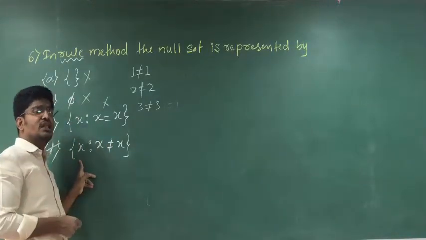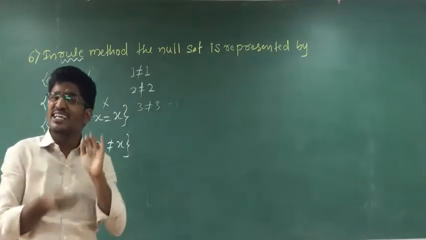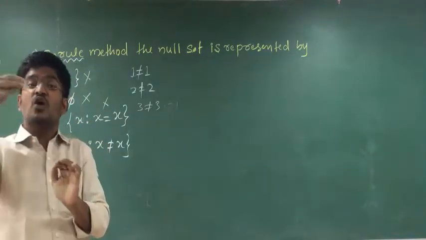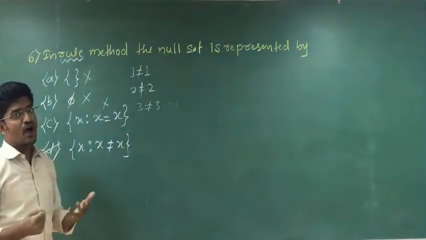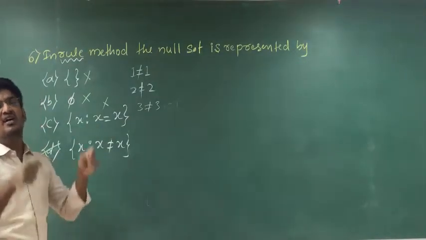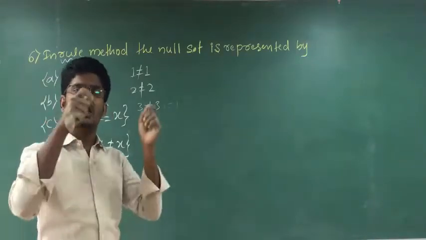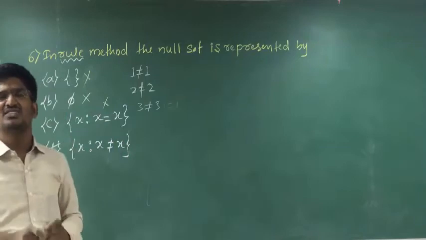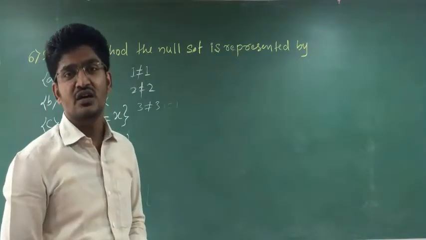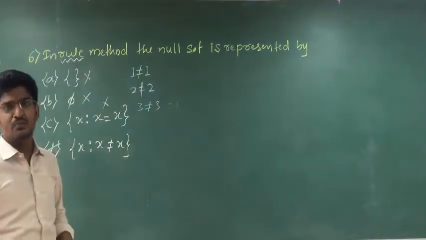Is it possible? Think once. Can you write any number which is not equal to itself in this particular set? You can't write any number because every number is equal to itself always. It is simple mathematics, basic mathematics of LKG. Are you understanding my point?